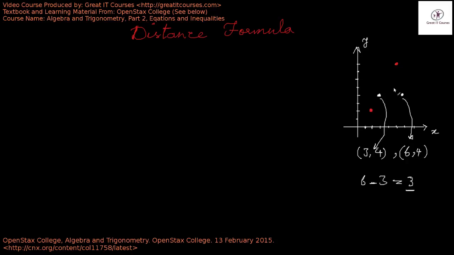Now, in order to be able to do that, first of all, let's suppose that the 2 points are on a horizontal line. If that were the case, then the 2 points would be on this line over here.